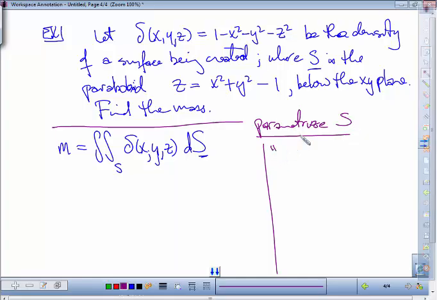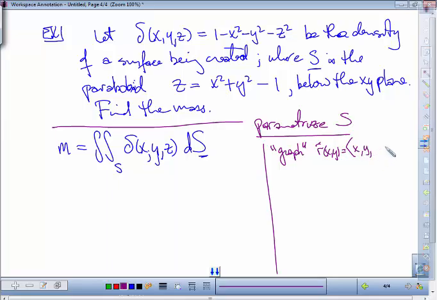We'll go with a graph parameterization. I think the book calls it a function parameterization, where your R is a function of x and y. It's natural to just use the x and the y because x and y are being used. So x is x, y is y.